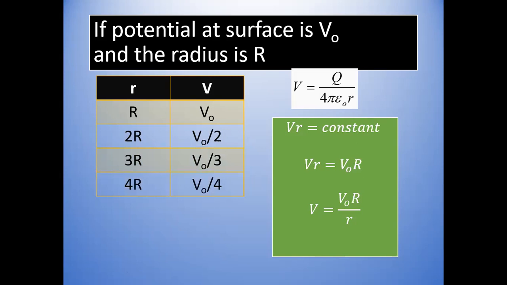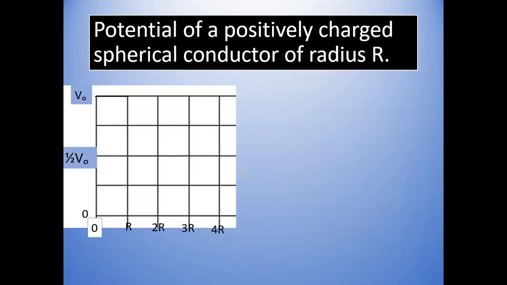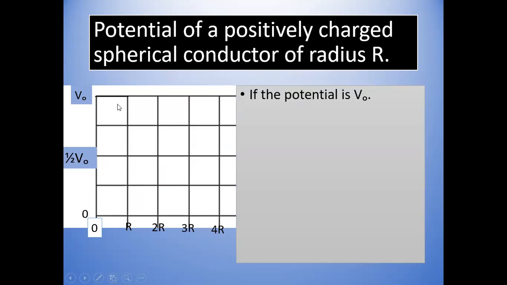If they give you a proper graph paper and ask you to sketch properly, then you have to calculate. That's your table. So at R, 2R, 3R, where R is the radius of the sphere. At the surface it is V naught.